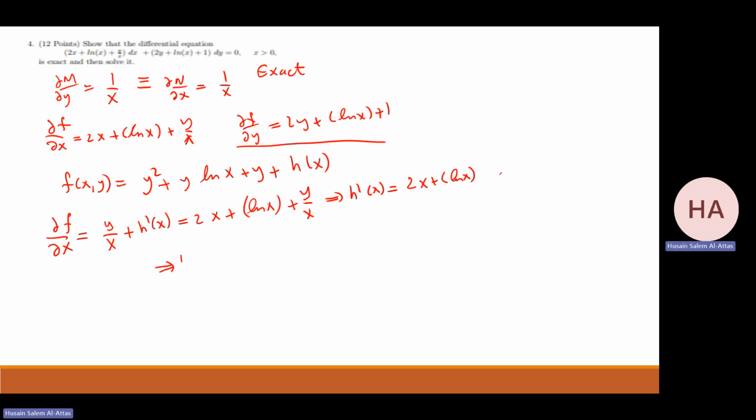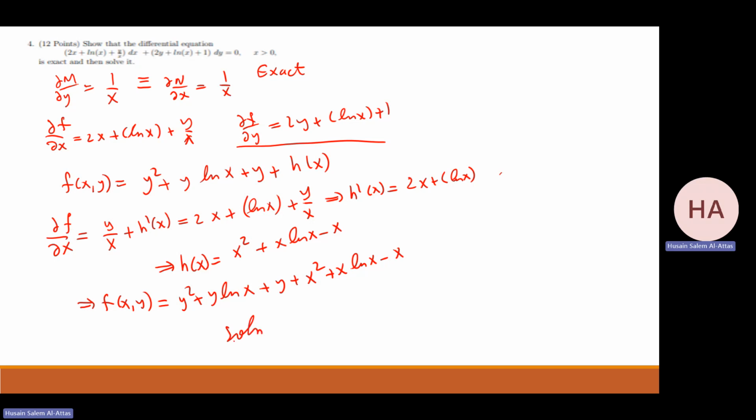So h of x, the integral of that, will be x squared plus x ln x minus x. So my f of x and y will be y squared plus y ln x plus y plus x squared plus x ln x minus x. And the solution will be f of x and y equals c. That will be the answer.